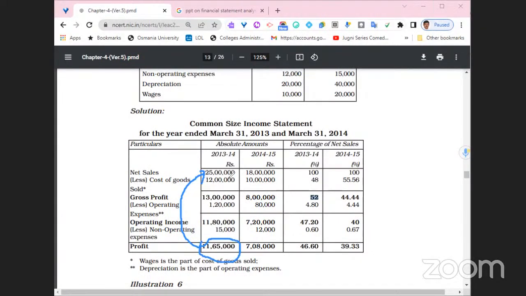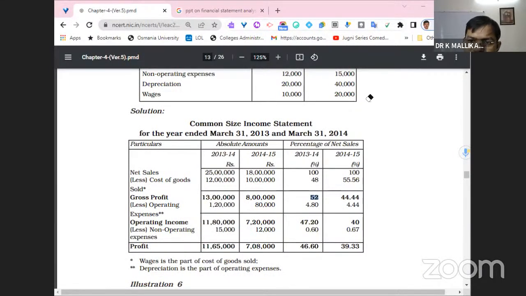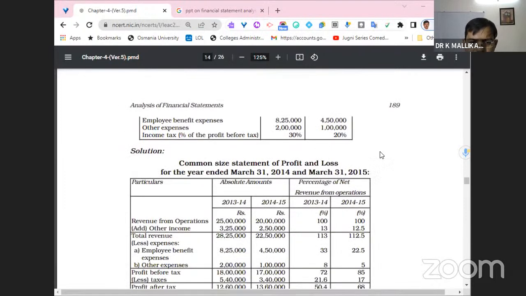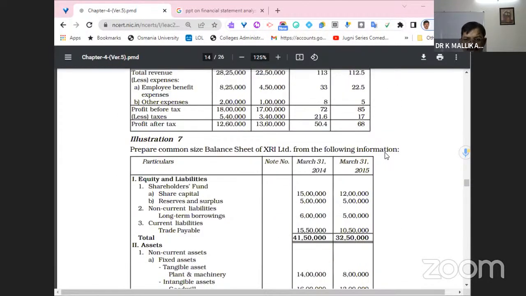Yes, sir, 46.6. Right. Everything is the same. Similarly, we'll go for the common size profit and loss account.